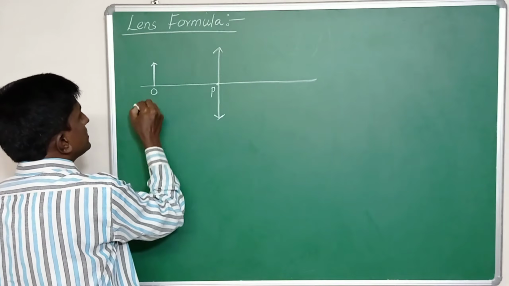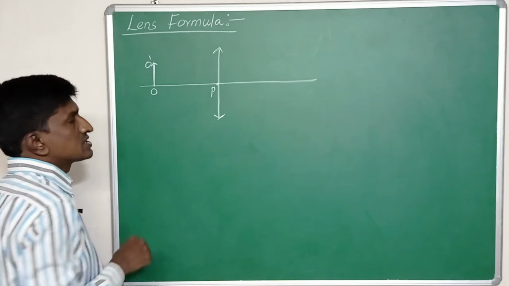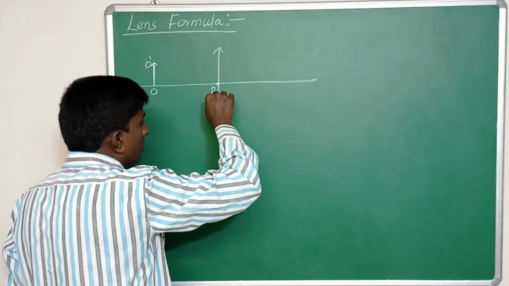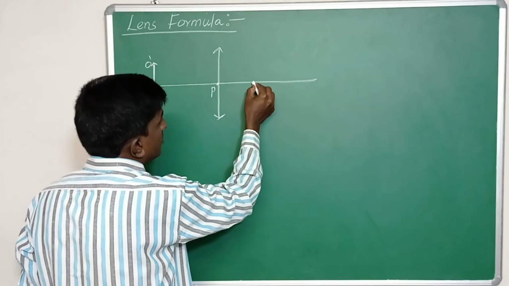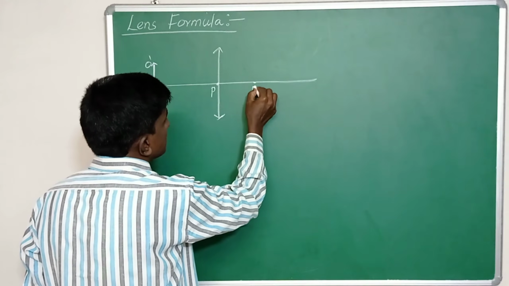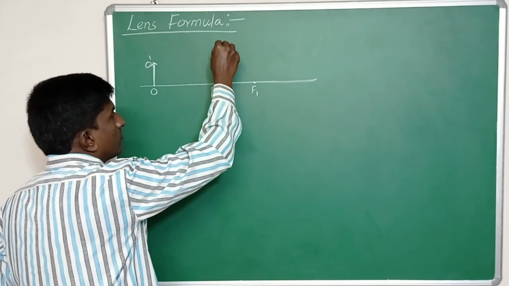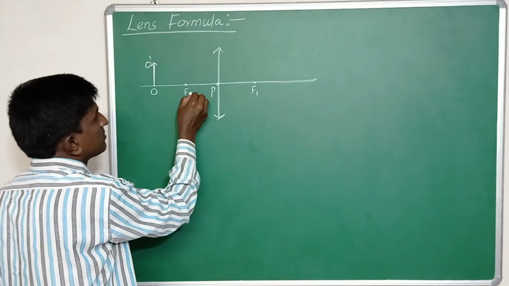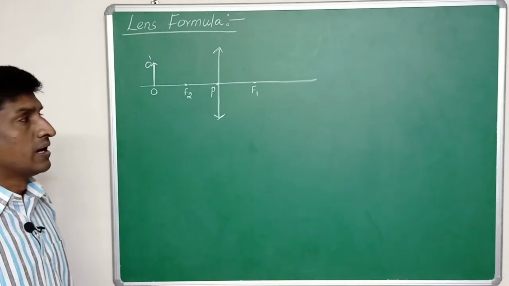Let us say this object is O dash, and the focal point of the first surface, on the opposite side, is F1, and the focal point of the second surface is F2.